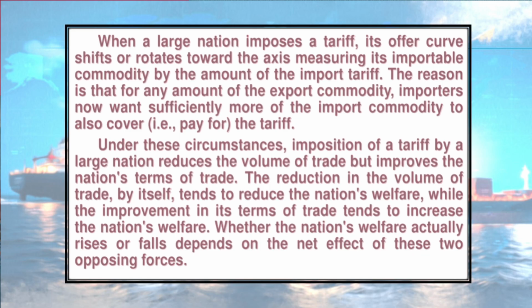Under these circumstances, imposition of a tariff by a large nation reduces the volume of trade but improves the nation's terms of trade. The reduction in the volume of trade by itself tends to reduce the nation's welfare, while the improvement in its terms of trade tends to increase the nation's welfare. Whether the nation's welfare actually rises or falls depends on the net effect of these two opposing forces.